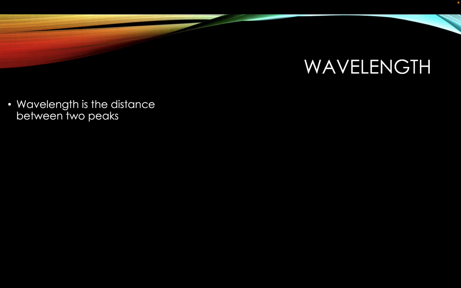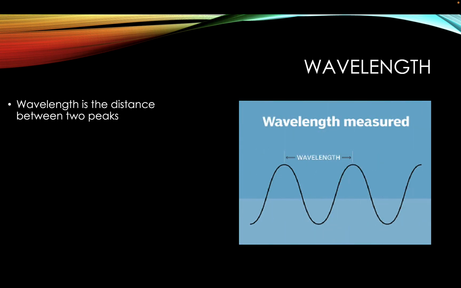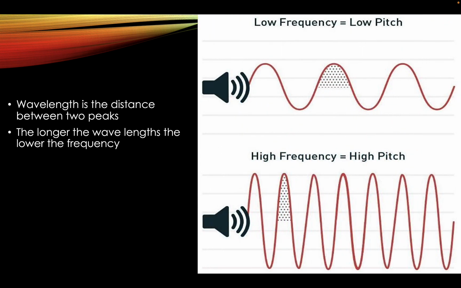It also has to do with wavelength. Wavelength is the distance between two peaks. If we're looking at our waves and you have the top of each of those waves, the peaks, how far apart are they? That's our wavelength. The longer the wavelength, the lower the frequency.